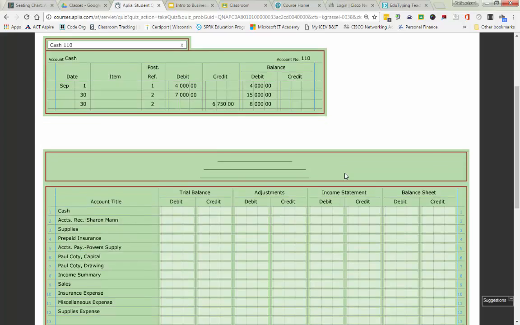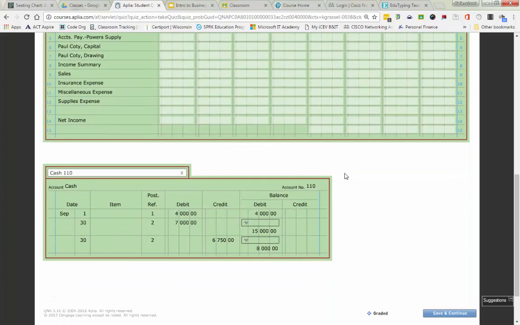So what we're going to do is go on the bottom here, and we need to go through and find and fix this. So we have a debit of $4,000, and then we're debiting it another $7,000. So what is our total now? $11,000. So they have a nice little drop-down menu, so I'm going to choose $11,000 there. So why don't you go ahead and do that? So our total is going to be $11,000 instead of $15,000.